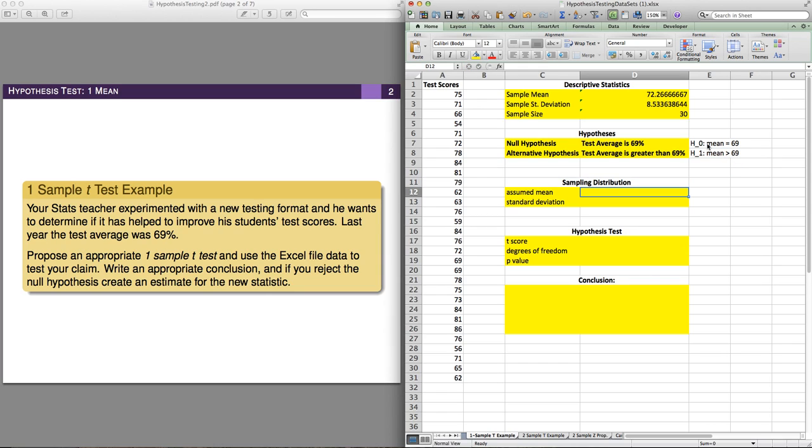Based on that information, the sampling distribution is centered at a 69% test average. Now, the standard deviation actually shouldn't be called standard deviation in this case. We don't have the population standard deviation, so that forces us to use t, and to call this measure of spread standard error, not standard deviation.